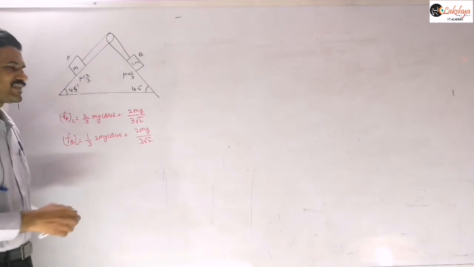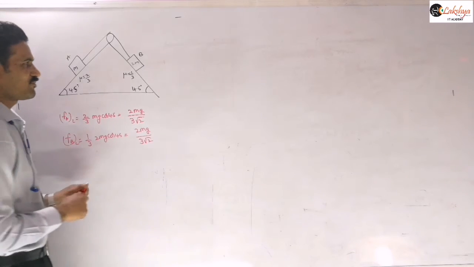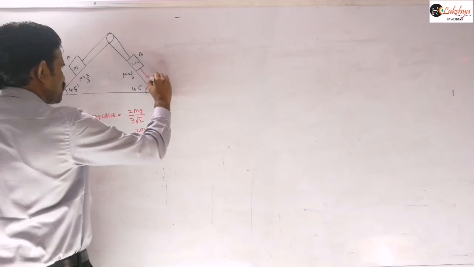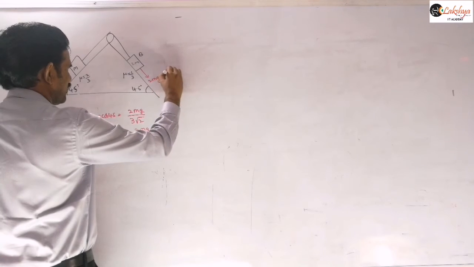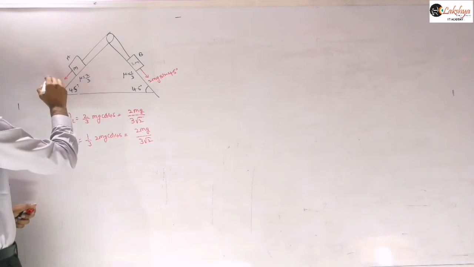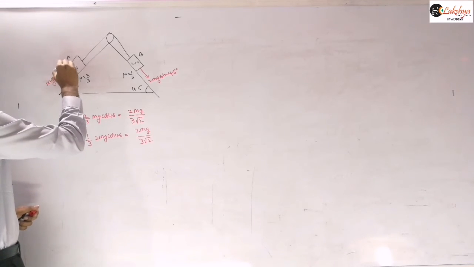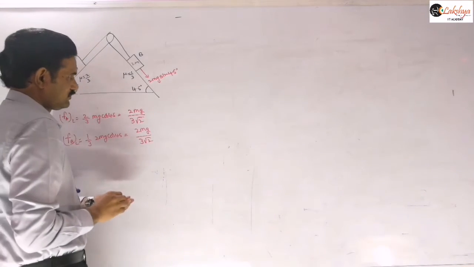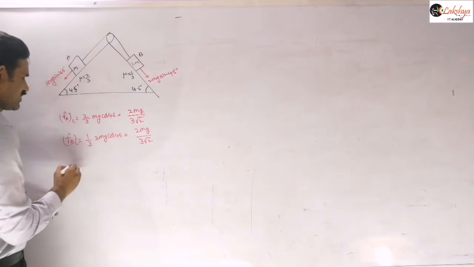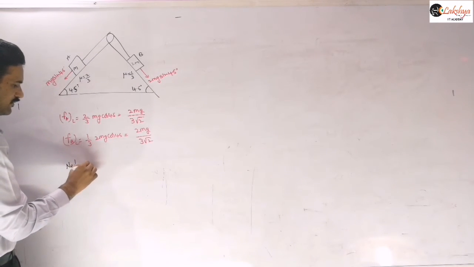Now let us write the accelerating force for the entire system. When you take the entire system, the accelerating force is 2mg sin 45. This will accelerate the system, and this will try to oppose that, mg sin 45. So now the net accelerating force is the resultant of these two.